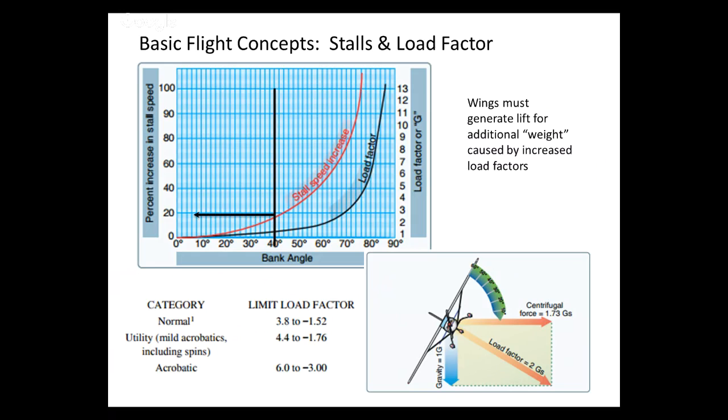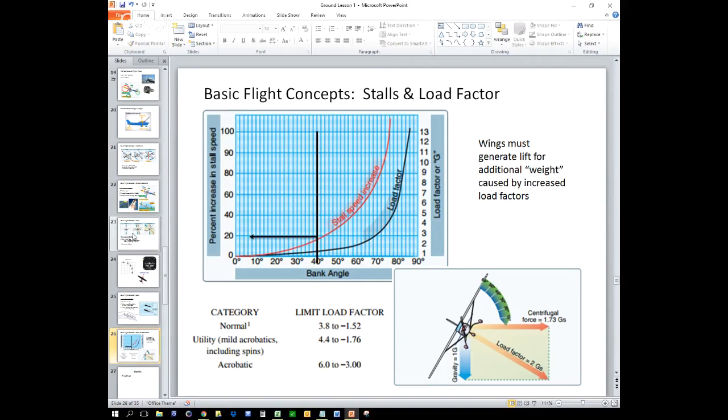Okay. This is the same thing. When you increase bank angle, like it is in this picture below, you're increasing the load factor of the aircraft. The aircraft still weighs the same, but the load factor is increased. Let me go back to this slide to just show a picture.